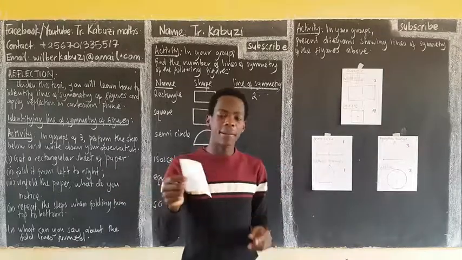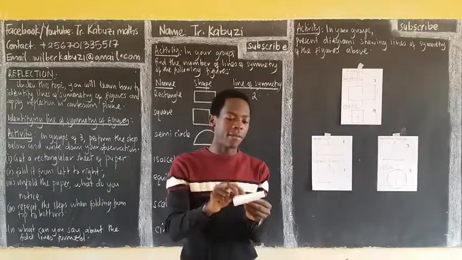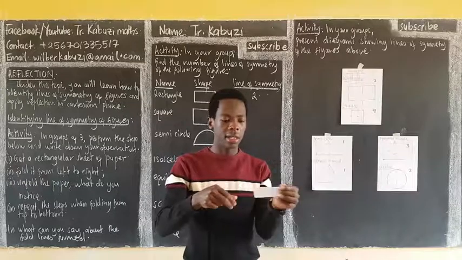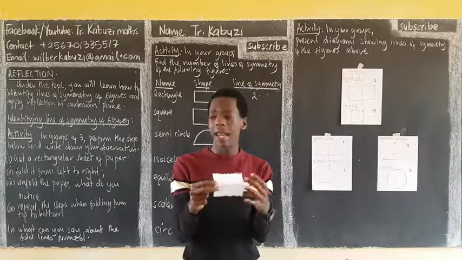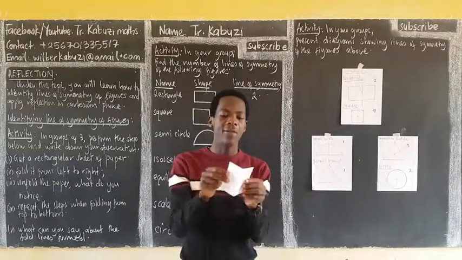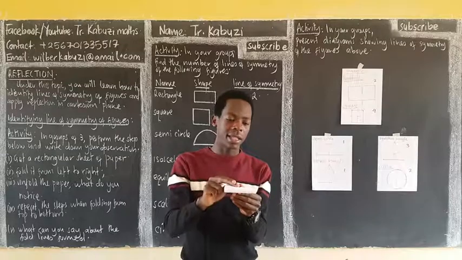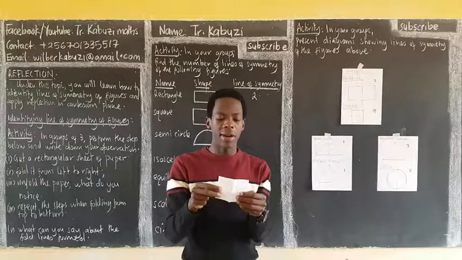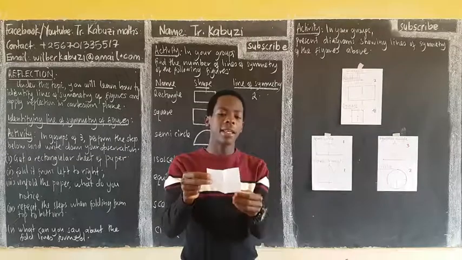Everyone gets something like this. Okay, can we start? Let's start by folding it from up to down. Do you all agree that this is a line of symmetry? Okay, let us fold it now. Again, we change and then we fold it. Do you agree that this is also a line of symmetry?